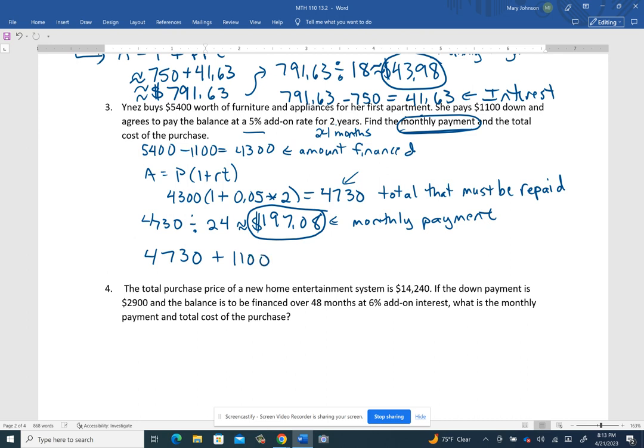Okay, that 4,730 is the amount financed together with the interest we had to pay. So if we add the 1,100 back to it, that'll give us the total. Okay, let me make sure I added that right. The 5,830 would be the total cost of the purchase. Total cost.